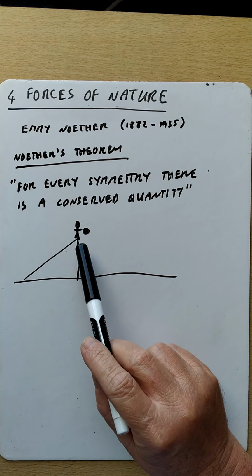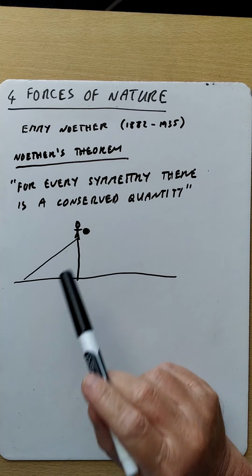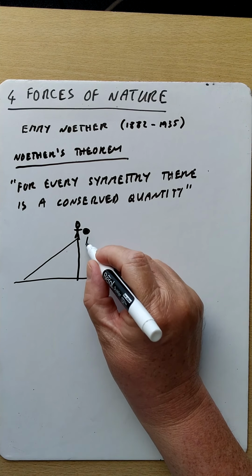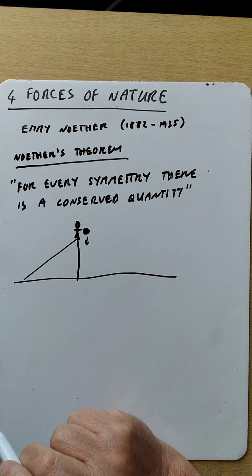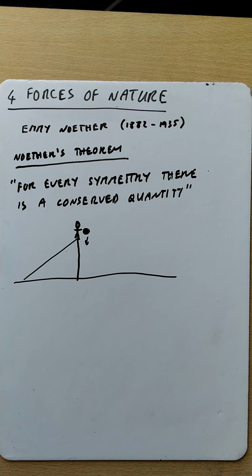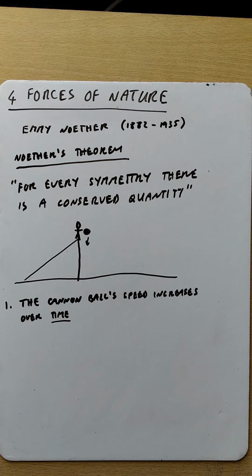So once at the top of the cliff, the student is told to release the cannonball, which starts to fall straight down. It falls slowly at first, but gradually starts to pick up speed. This is our first observation. The cannonball's speed increases over time.